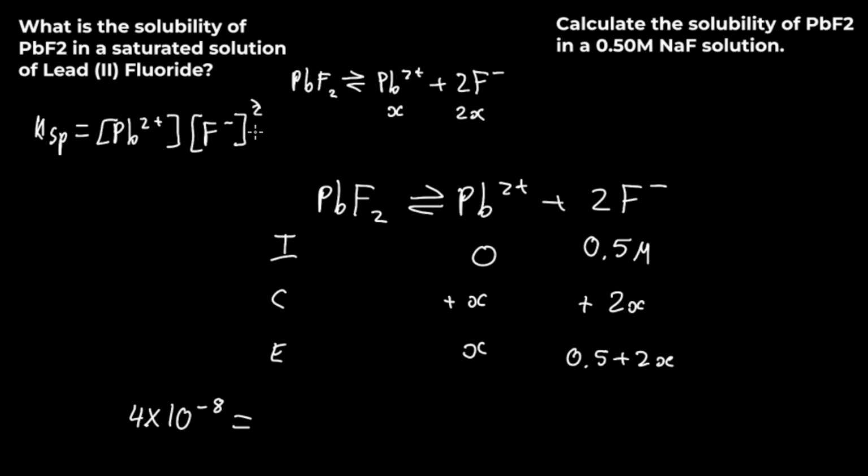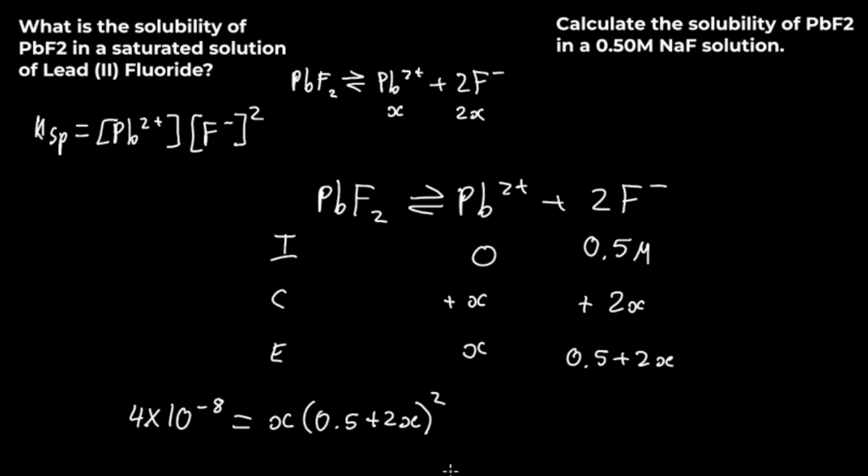This is the KSP expression, right? Remember that this is squared. So this will be x, and then for the F, this one will be 0.5 plus 2x squared.